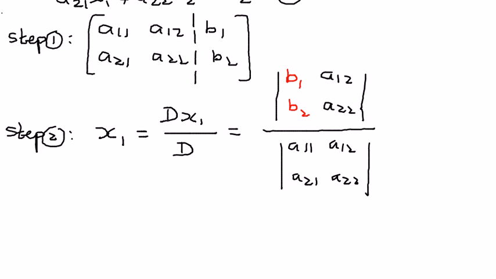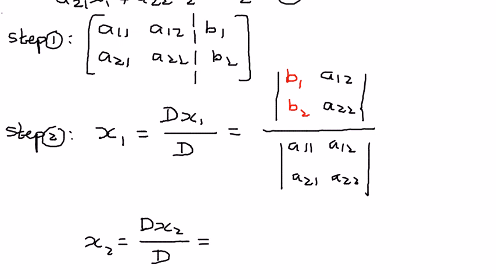To get the value of x2, we do a similar type of thing. We can write x2 as Dx2, the determinant for x2, divided by the determinant of the coefficient matrix.